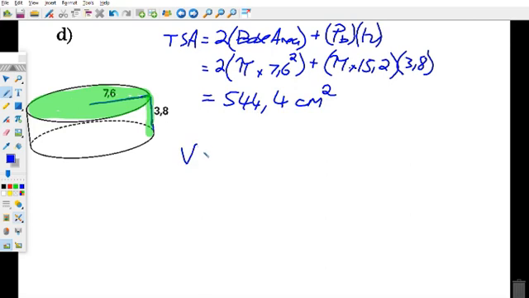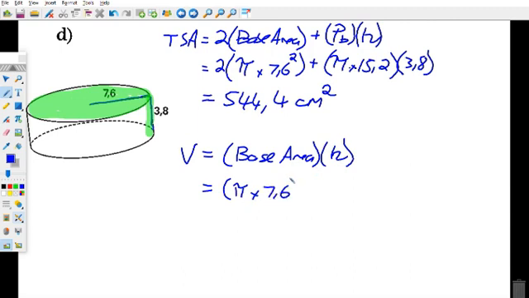Now, trying to find the volume. It's your base area multiplied by my height. The base area is going to be pi times 7.6 squared, multiplied by my height of 3.8.